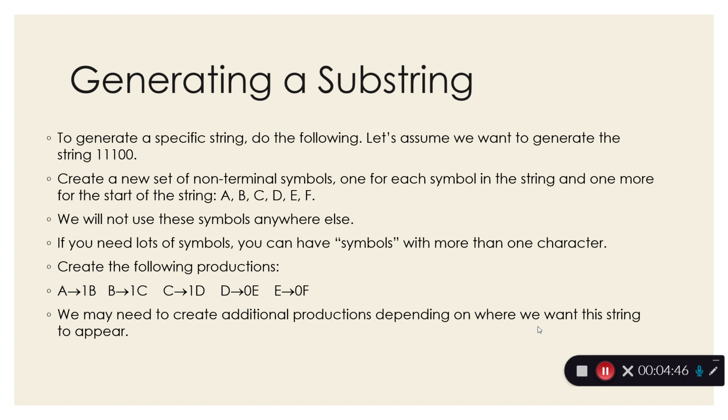This gives me a set of productions that generates that particular substring 11100. Now, depending on where I want the substring and what sort of problem I'm dealing with that involves that string, I'm going to have to add additional productions.